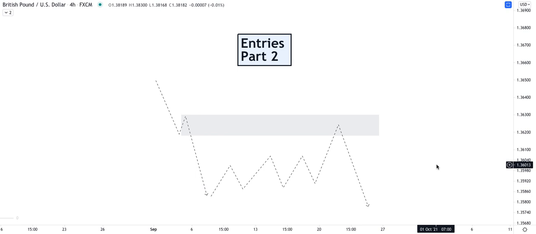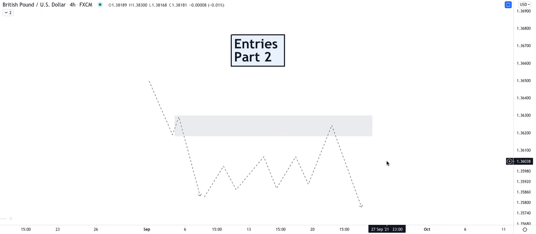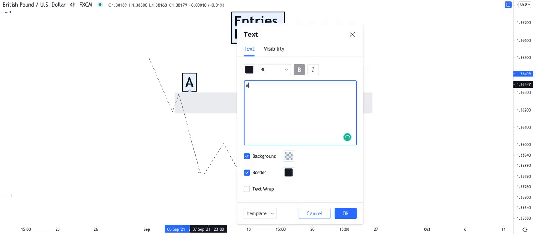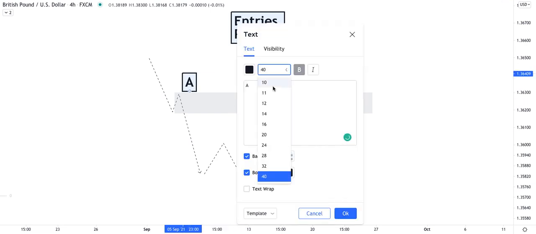But it's not always as easy as that. So I'm now going to give you a few tips and tricks that you can apply to your trading in order to capitalize and make good decisions on your trading. So I'm going to make an A over here.